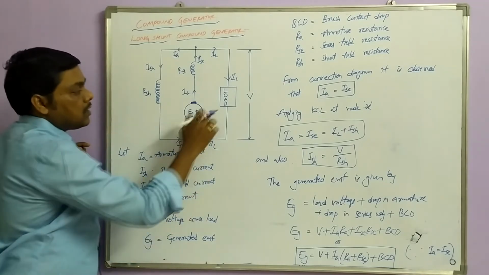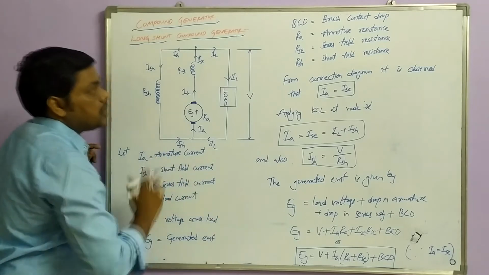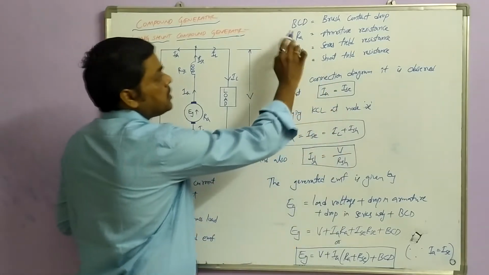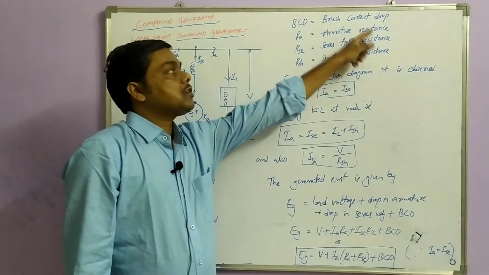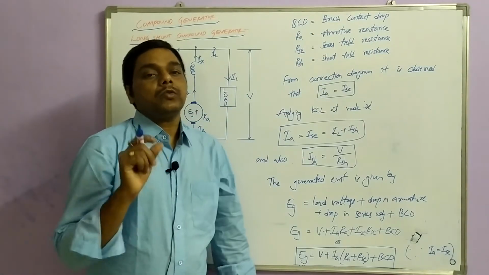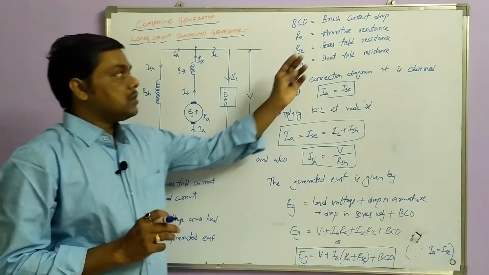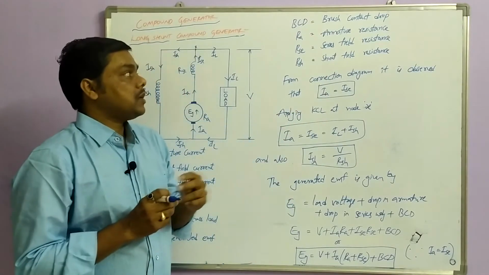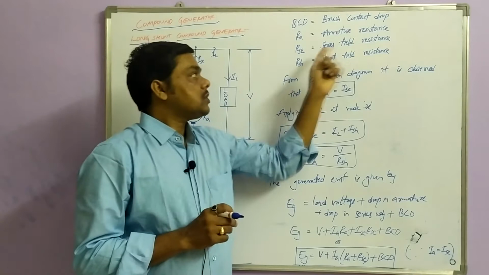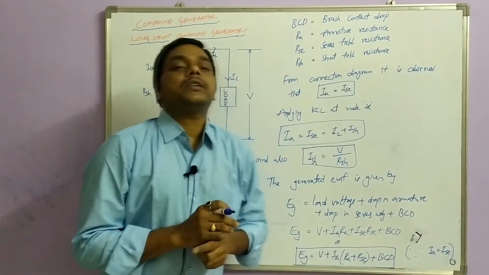BCD is the brush contact drop. We give some drop across the brush as mentioned by manufacturers, and it may be 1 volt to 2 volt per brush. RA is the armature resistance, RSC is the series field resistance and RSH is the shunt field resistance.